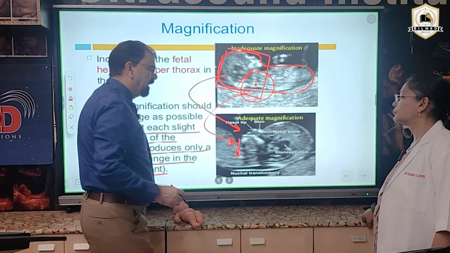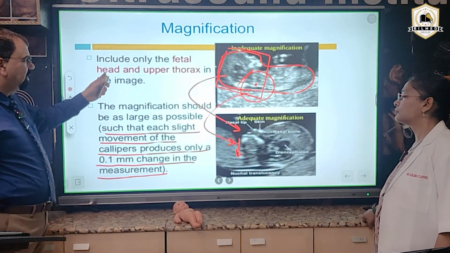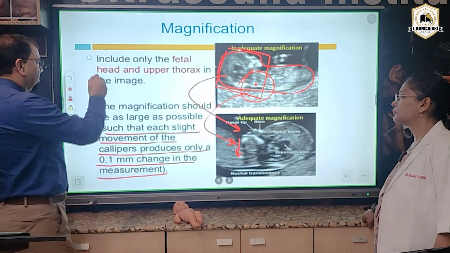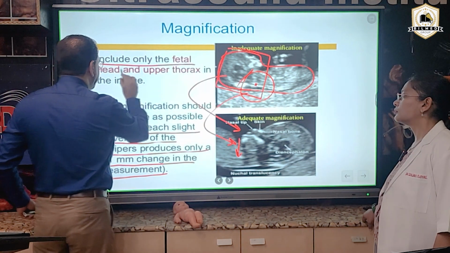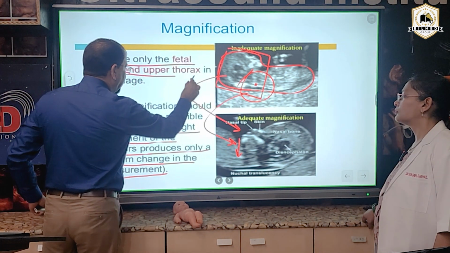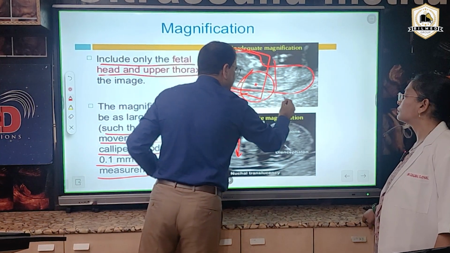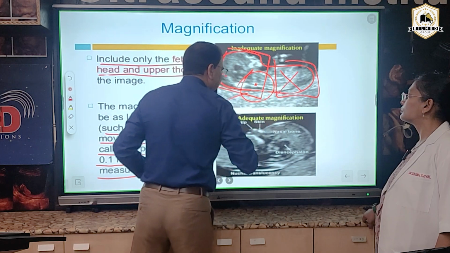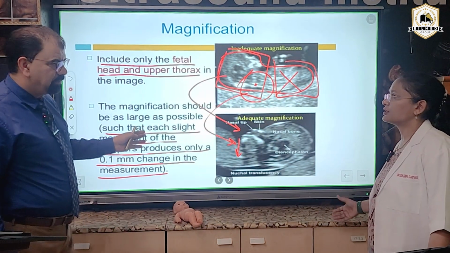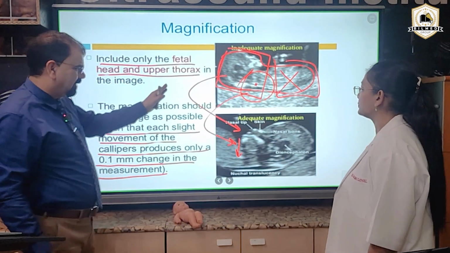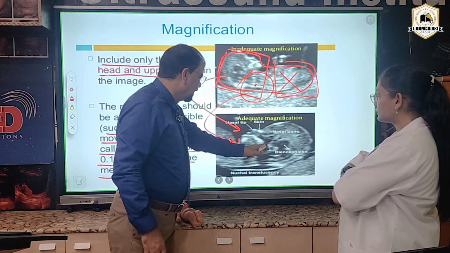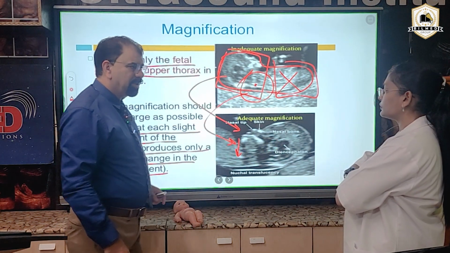So the magnification is to be taken so that you are seeing the fetal head and the upper thorax only. You don't need the lower thorax. So that is why mid-sagittal. In mid-sagittal only, you have to magnify the head with the upper thorax.